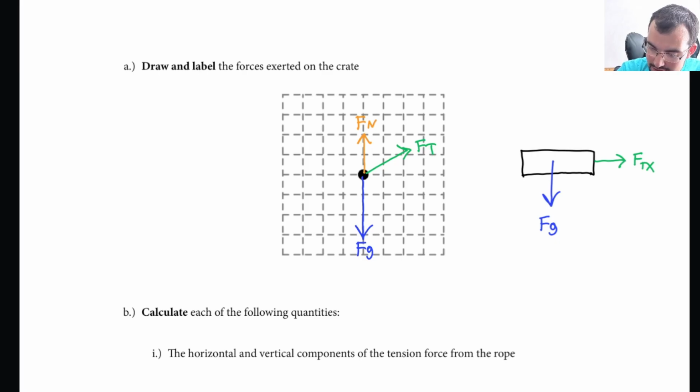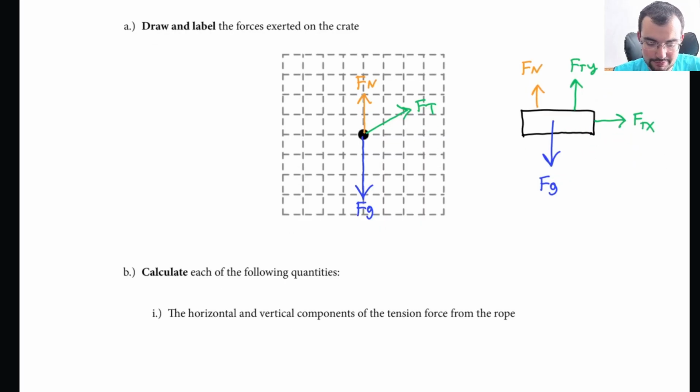And then we have its FTY up, and then we have normal force up. So we can see what's balanced and unbalanced. So we see that we have the vertical balancing that happens here, and we have the lack of balancing that is going to happen in the x direction.